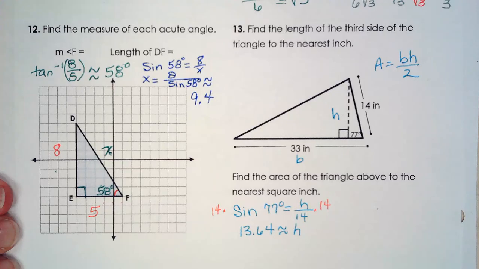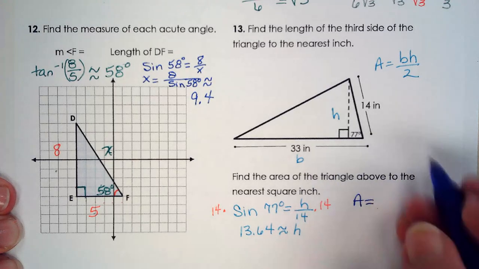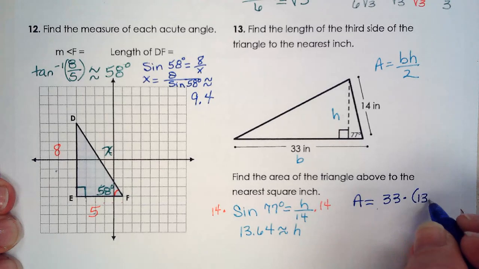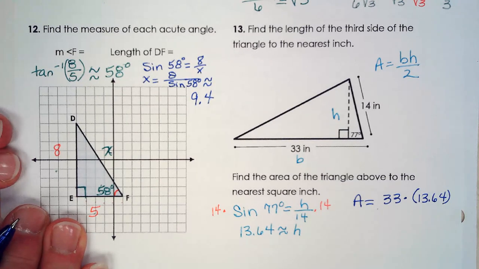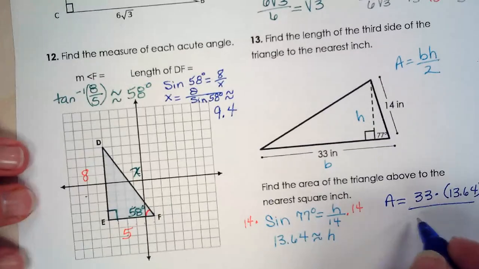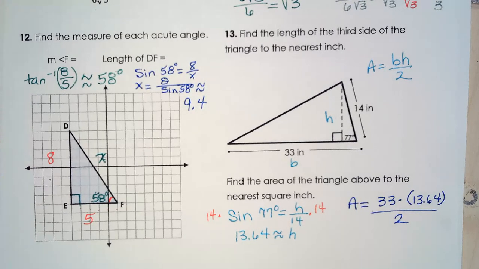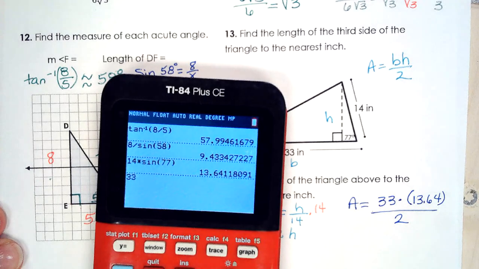Now, to find the area, I'm going to put it all together. 33 times 13.64 and divide it all by 2. So, as I put it into the calculator, 33 times 13.64 divided all by 2.